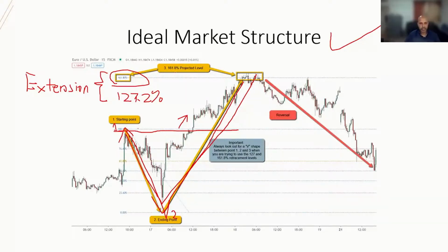For example, 161 has been identified here, and 127 is probably somewhere around here. The 161.8% could be the second take profit zone, whereas the 127.2% would be the first take profit zone. This is how we can use the extension levels to identify potential take profit zones should price break above the 100% starting point and continue to drive higher.